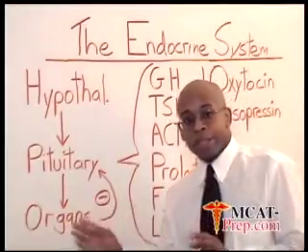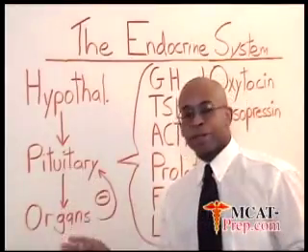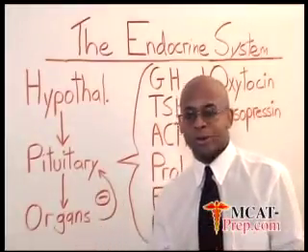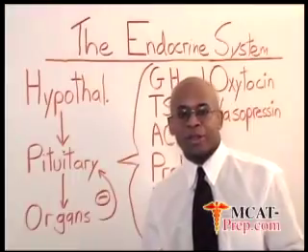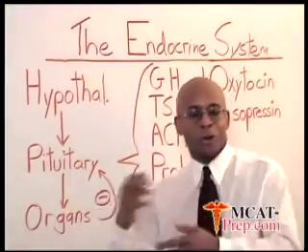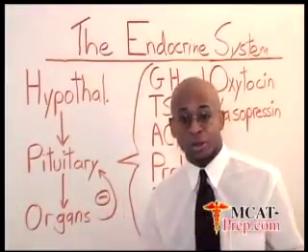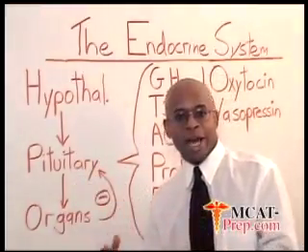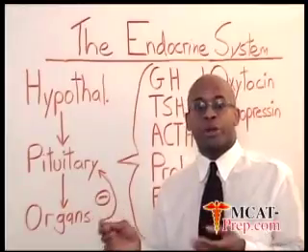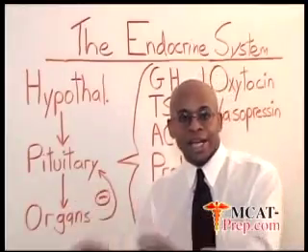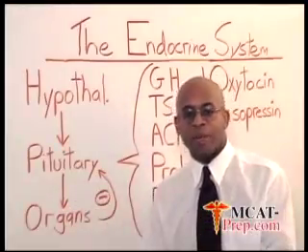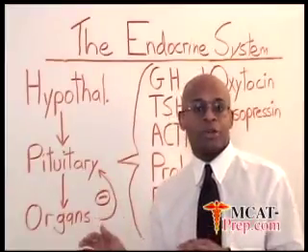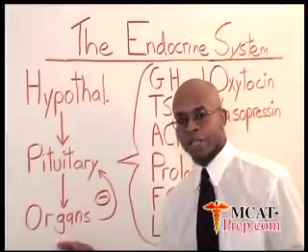And the reason is, could you imagine if the pituitary gland just kept stimulating the organ to produce more and more hormone, then there would be no end. The organ would just always be producing more and more and more hormone, and the effect would just get out of control. So there is a feedback mechanism so that the pituitary gland knows that the organ is actually working, it's actually doing its job, and the pituitary gland can shut down its production of the hormone which is stimulating the organ.